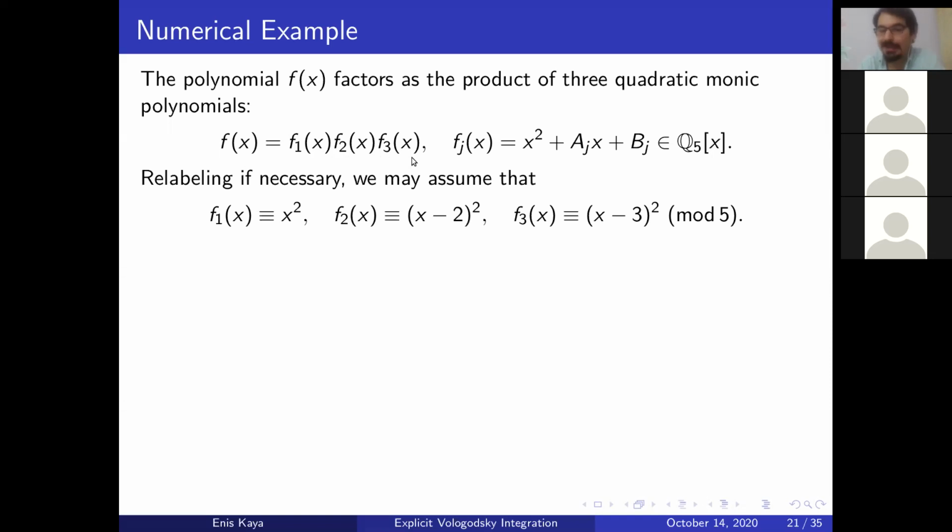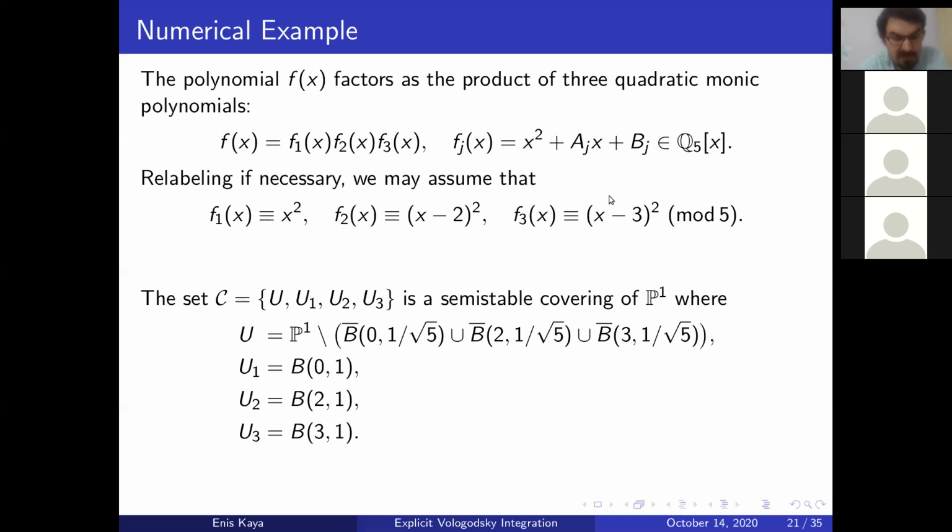So, I mean, we can just assume that F1 will reduce to x squared, F2 will reduce to this expression, etc. So the set C, containing U, U1, U2, U3, is a semi-stable covering of P1, where these spaces are defined like this.